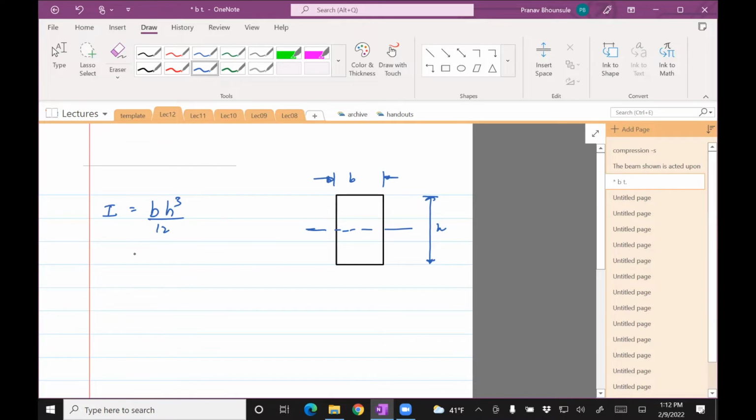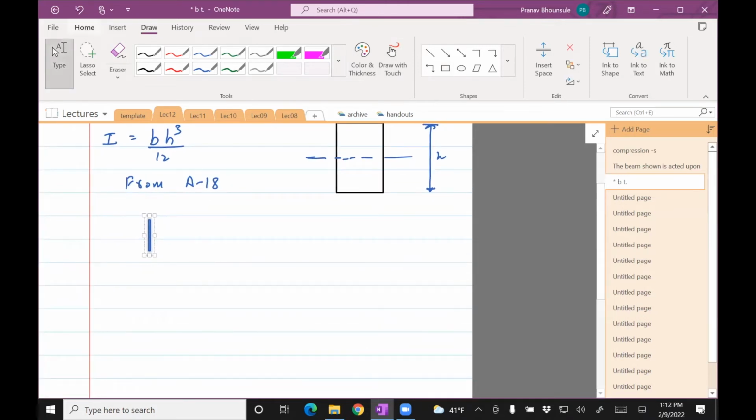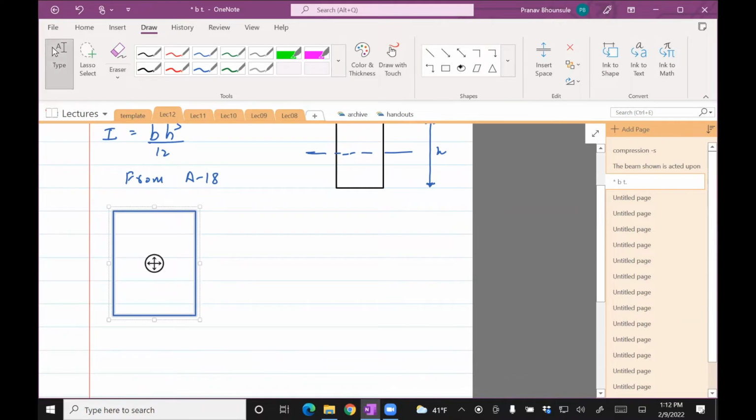And this is from the appendix. Go to A18 and find the formula. So in order to find the inertia of something which looks like a hollow box, that's your outer layer.